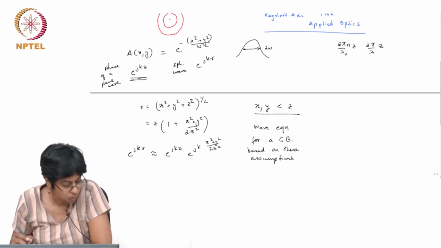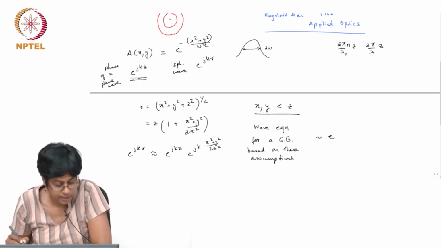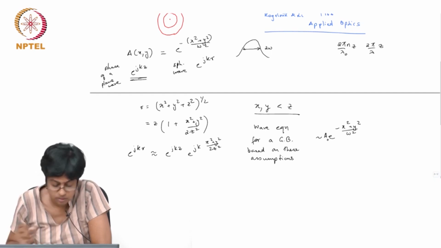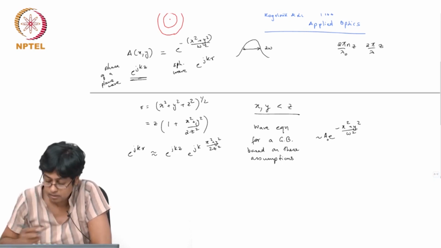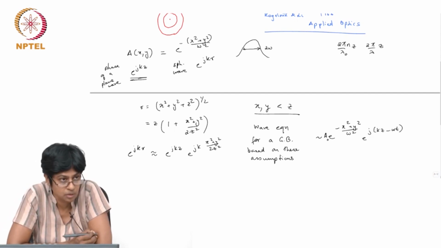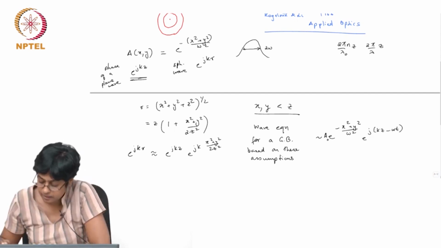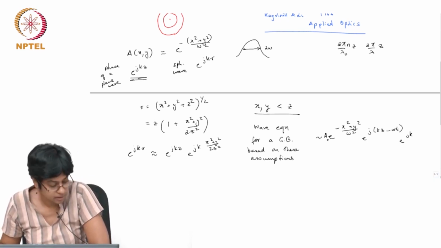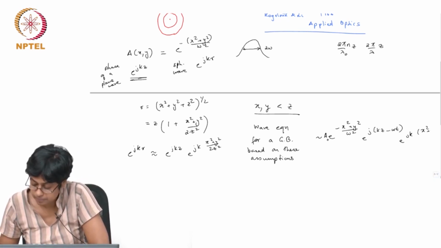So maybe there is some a naught, e power minus (x squared plus y squared) by omega squared, and e power j(kz minus omega t), I'm taking the time into account, and e power jk (x squared plus y squared) by 2z squared.